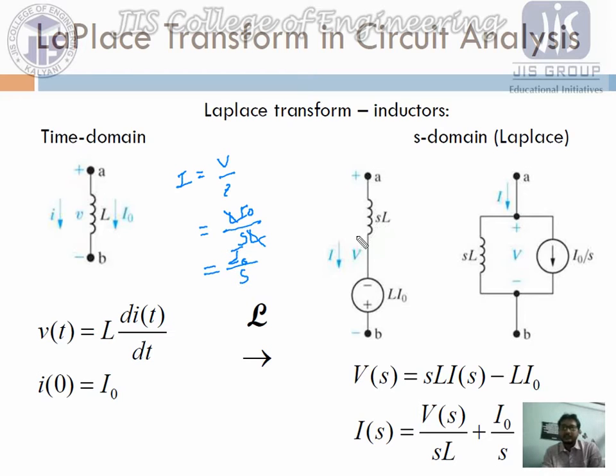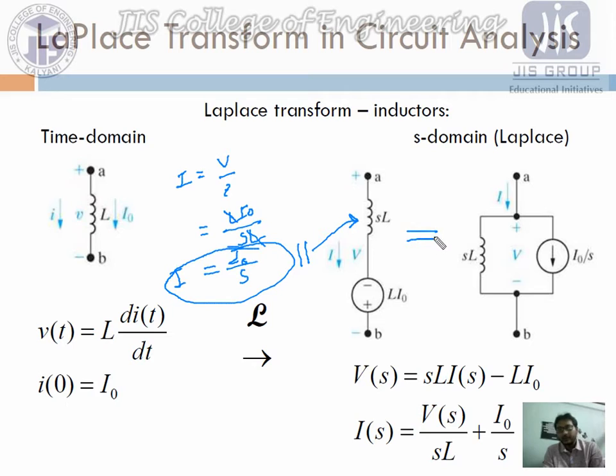As this impedance is connected in series with the voltage source, similarly the same impedance will be connected in parallel with this current source. So this is the new current source, and we have to connect this impedance in parallel with it, so they will be in the same circuit.